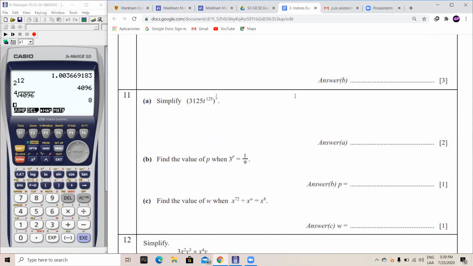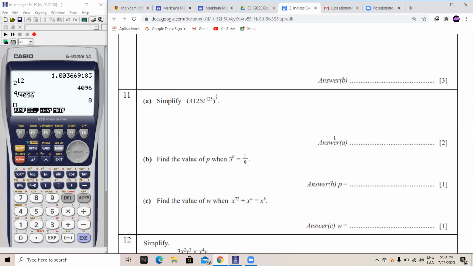First of all, you divide 125, which is the index of t, by 5, which is 25. And then you have to root 5 of 3,125. And that would be the final answer. Let me type it: root 5 of 3,125, and t to the power of 25. And that's the final answer.